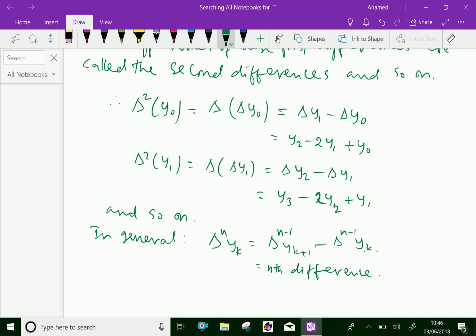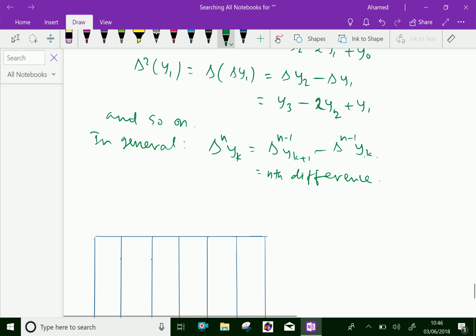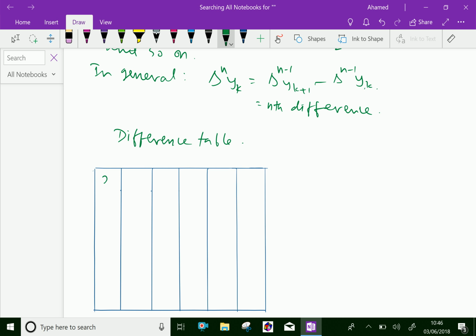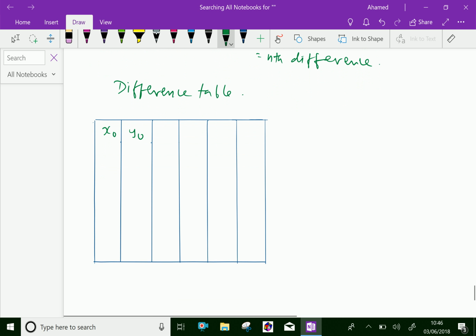Now we can discuss the difference table. The format is given here. This is a difference table. Suppose first we have x0, y0, and the given values are x1, x2, x3, x4.